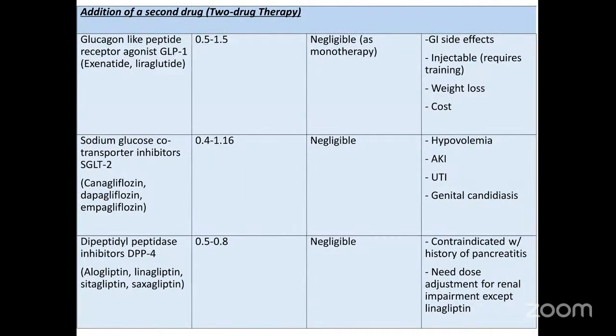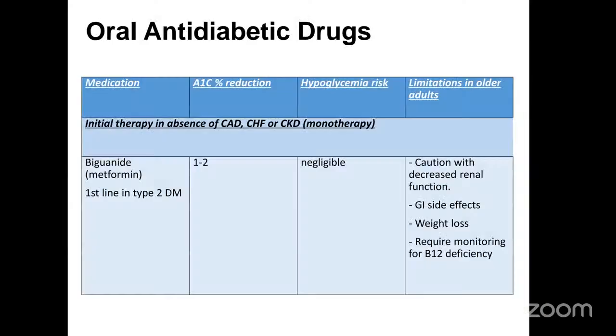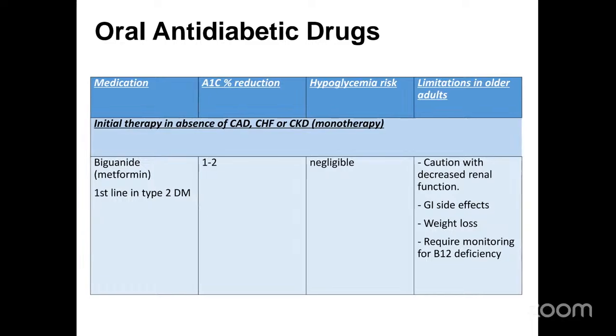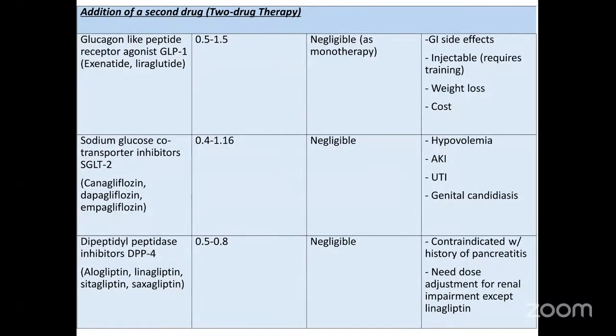Metformin or biguanides can be used as monotherapy. If it is not sufficient to control blood glucose, we can add another type of drug. We have glucagon-like peptide receptor agonists, GLP-1, like exenatide and liraglutide.